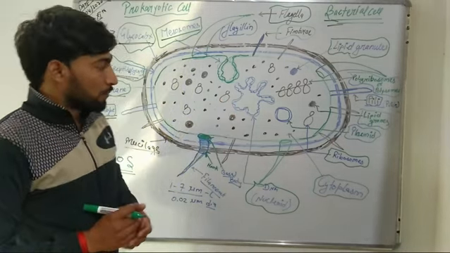Ribosomes can either be present in single form, that is a single ribosome, or many ribosomes may get attached to an mRNA.